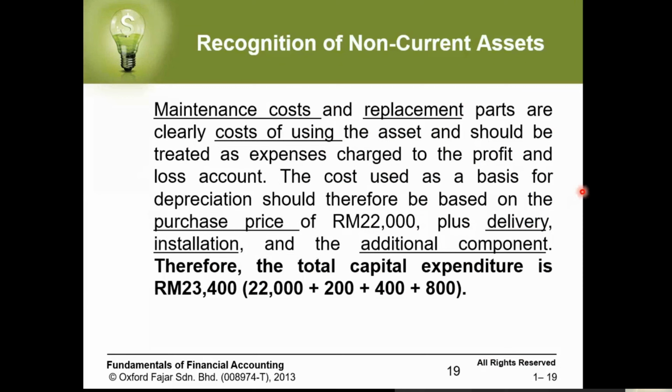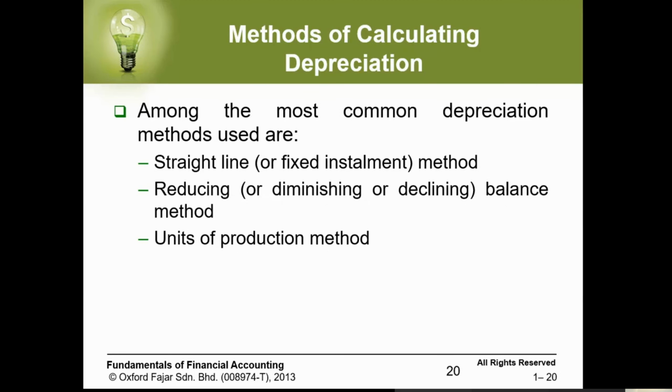So now let's go to the methods of depreciation. We have three main methods: straight line, or we call it fixed installment method; reducing, or we call it diminishing or declining balance method; and units of production method.